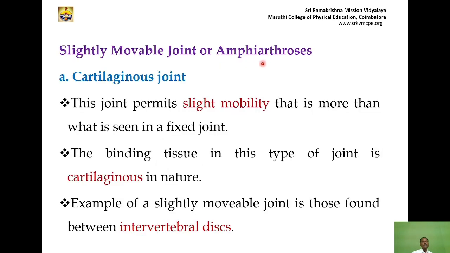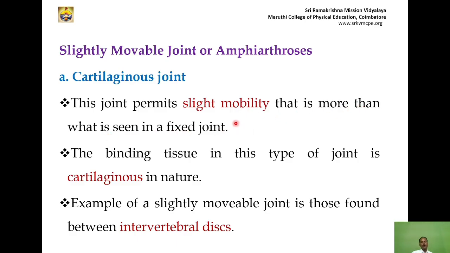The second type of joint is the slightly movable joint, or amphiarthrosis. Here we can divide it into two types. One is the cartilaginous joint. This joint permits slight mobility that is more than what is seen in the fixed joint.